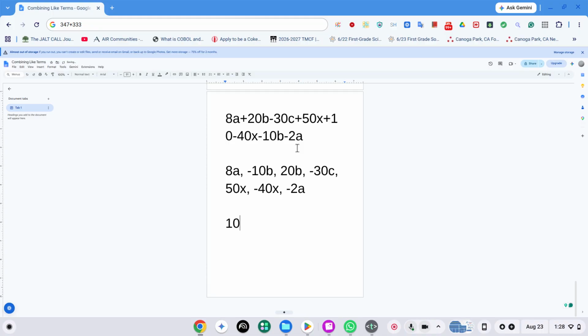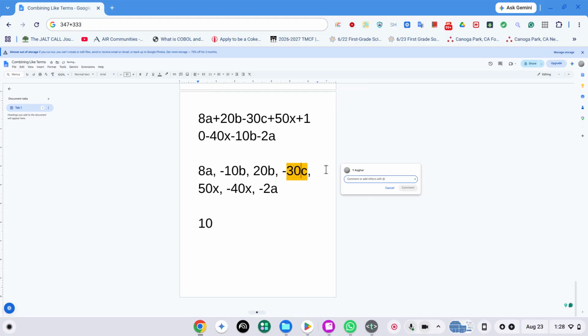With one sole constant, 10. We can further classify this in positives and negatives. So 8a, 20b, 50x, positives. Negatives: minus 10b, minus 30c, minus 40x, minus 2a. Good. Okay, so let's do this all together.